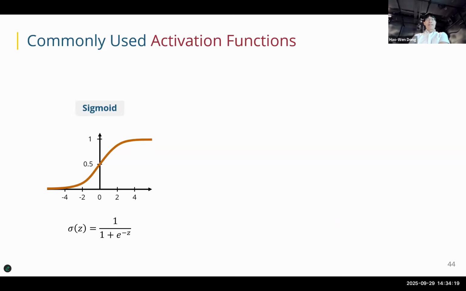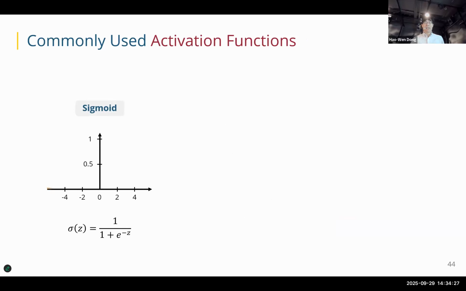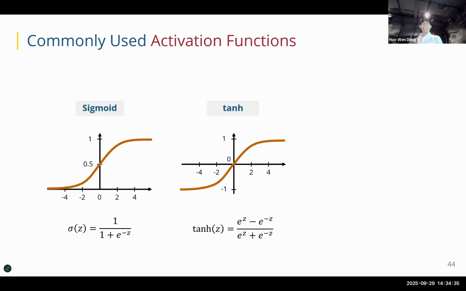Cool. I guess that's the mathematical way of explaining it. I could also show you another example. These are some of the commonly used activation functions: sigmoid, hyperbolic tangent, and ReLU.